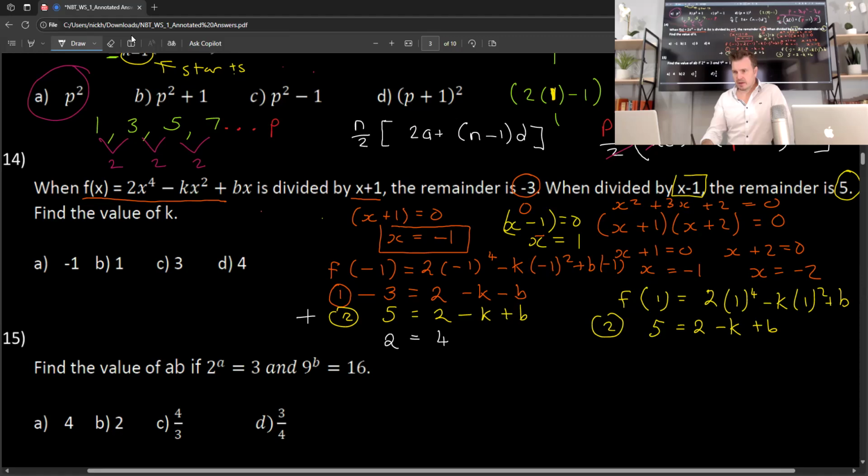Minus k plus minus k is minus 2k, and the b's go away. Take this across, and I get 2 minus 4 equals negative 2k. So negative 2 equals negative 2k. And now I can simply divide both sides by minus 2, and I get k is equal to 1. So my answer here is B.